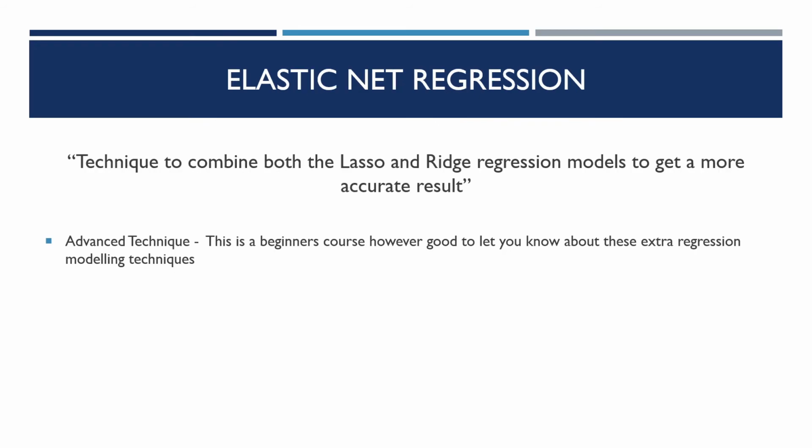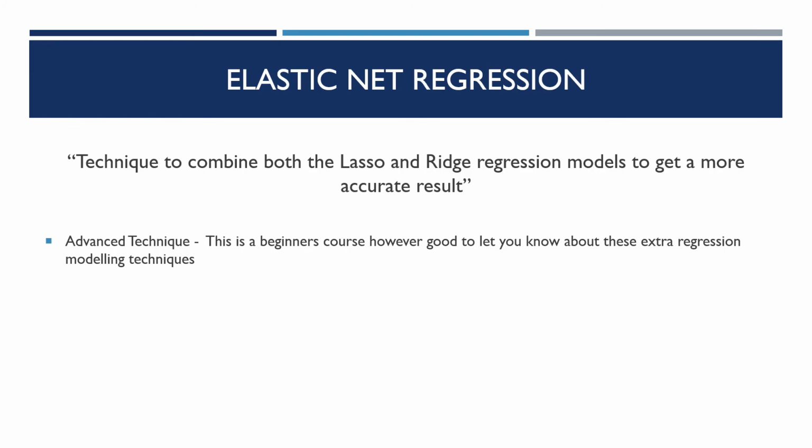And then the final one to be aware of is called elastic net regression. And I'm never quite sure whether it's elastic net as one word, or two words, or hyphenated. Anyway, it is a technique to combine both lasso and ridge regression models to get a more accurate technique.